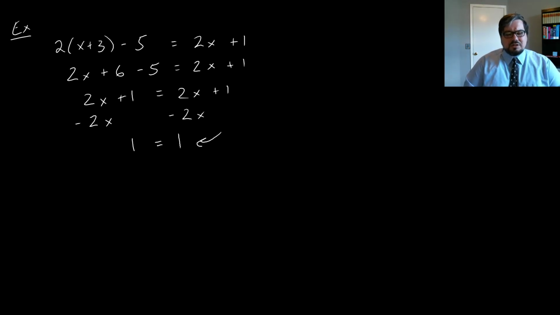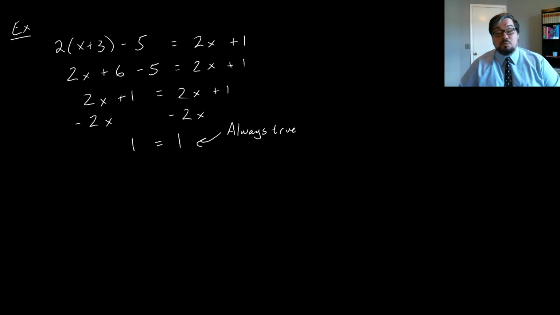This equation is always true. Well, because 1 always equals 1. Similarly, if you'd gotten down to the point where it said something like 2 plus 2 equals 4, or 0 equals 0, something else like that, those would be examples of equations that are always true, which means that these equations would be identities.